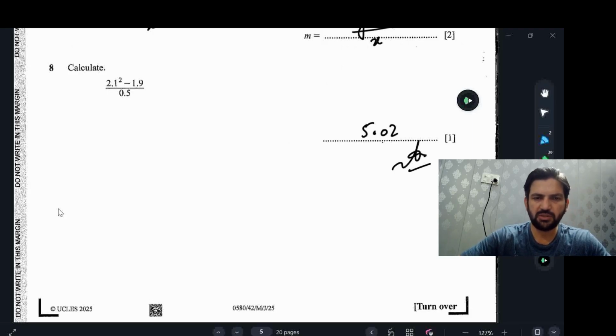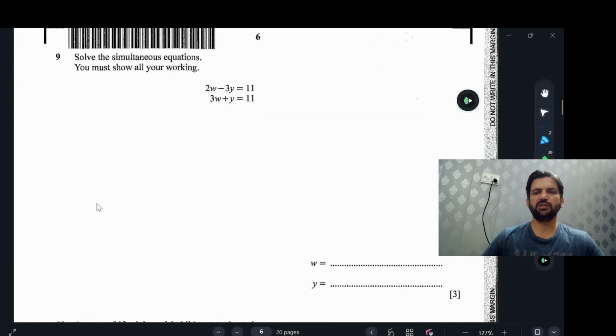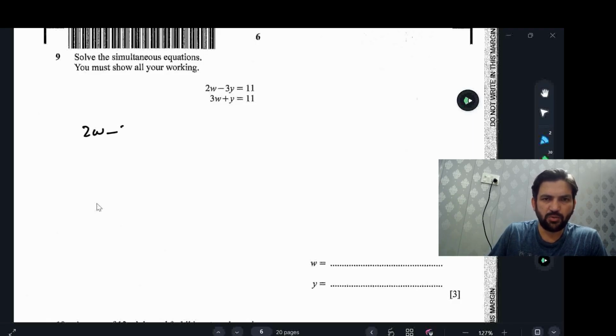Let's move to question number 9. Solve the equations simultaneously. Now in this question we can see that we can directly use the elimination method. So this will be 2w minus 3y is equal to 11.